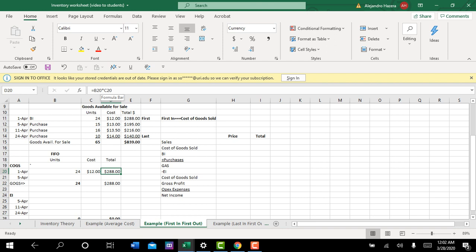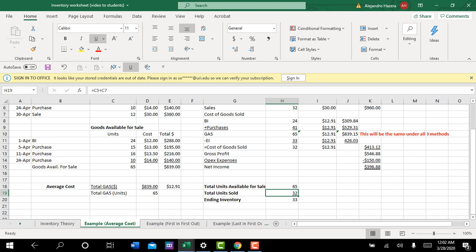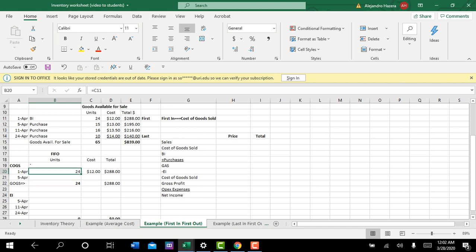Okay, now we know from this previous calculation that we sold a total of 32 units. So if we're assuming that the beginning inventory is sold first, and that's 24 units, we know we sold 32 units, less the 24 units that were sold.